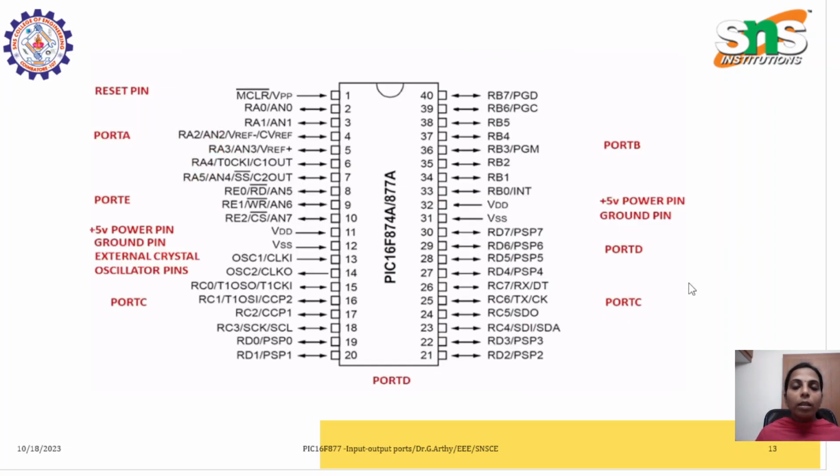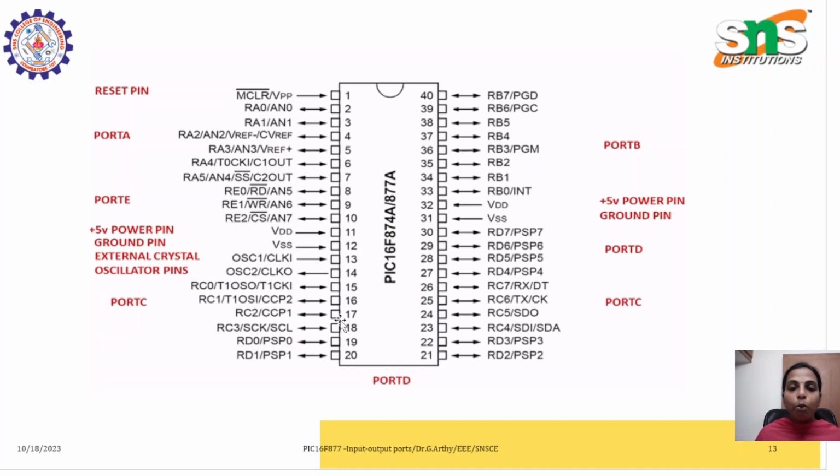So this is a complete diagram of signal description or a pin diagram of the microcontroller. Everything has been included here. That is, pin number 1 is a reset pin. Then here we have the port A pins. Then we have port B this side.